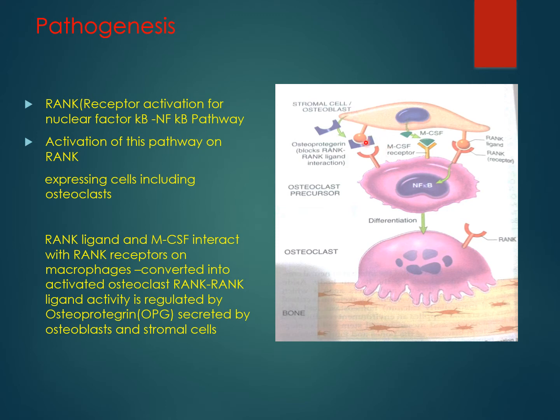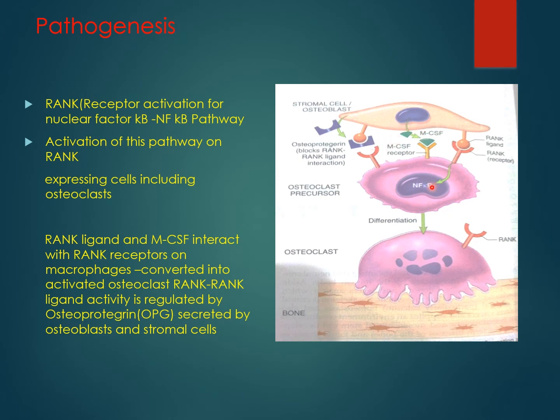This interaction can be blocked by another protein, which is a decoy factor known as osteoprotegerin, and this can block the interaction between RANK ligand and RANK receptors. There is another pathway, monocyte colony stimulating factor, which can aid towards this RANK-RANK ligand pathway.